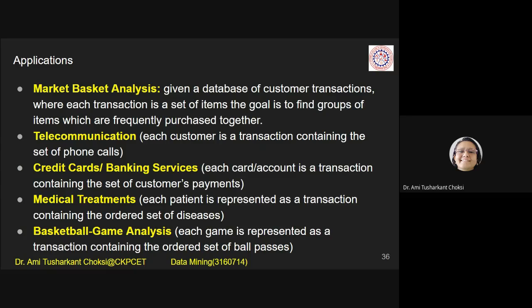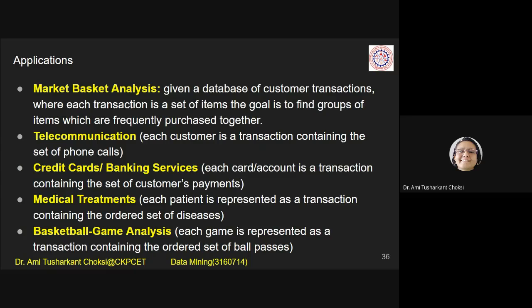Okay. Next application is credit cards banking services. Each card or account is a transaction containing the set of customers' payments. Fine. So based on that, we can have the idea how people are paying. What is the general pattern of it? Right? We can have the association rule in that. Fine.